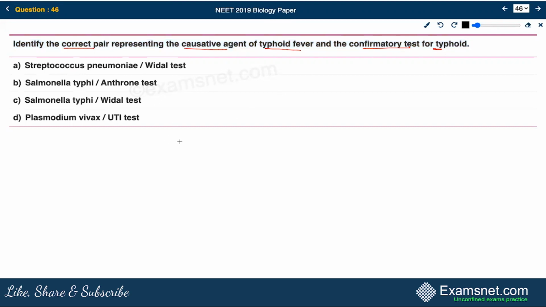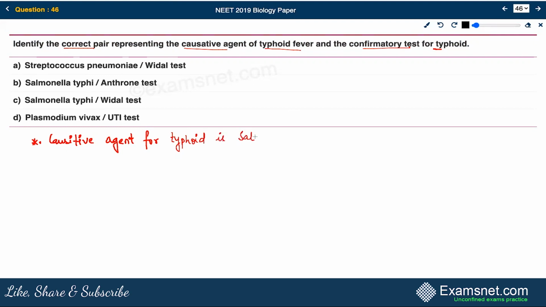Now for typhoid, let me tell you that the causative agent for typhoid is Salmonella typhi.